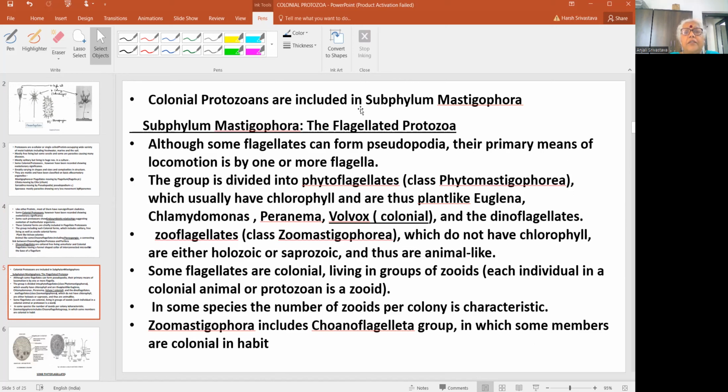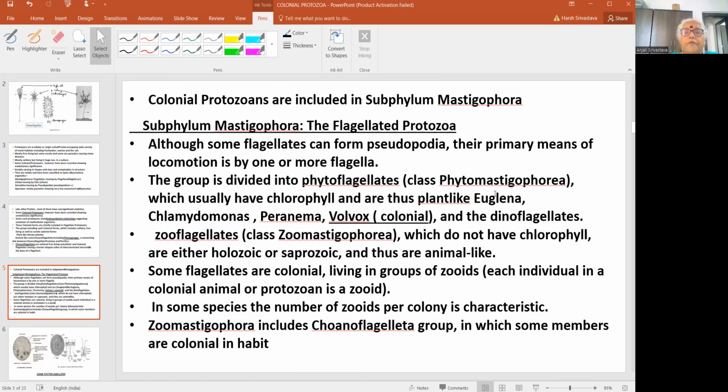Now let us come to the flagellated protozoa. The flagellated protozoa, which include the colonial protozoans, belong to the Mastigophora only, and that Mastigophora has been broadly divided into two groups: the phytoflagellates, that is the Phytomastigophora, and the zooflagellates under the class Zoomastigophora. Phyto, as the term says, means plant-like, bearing chlorophyll.